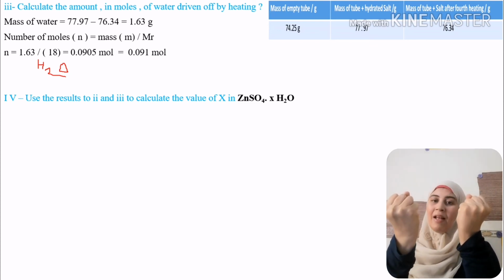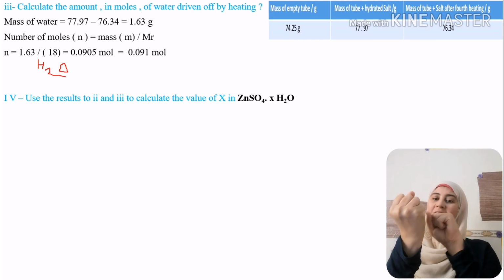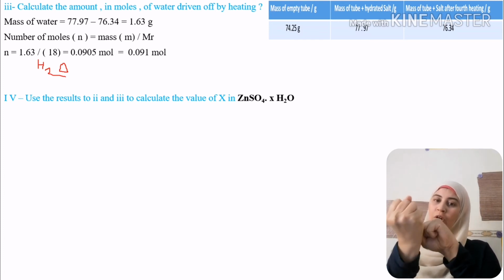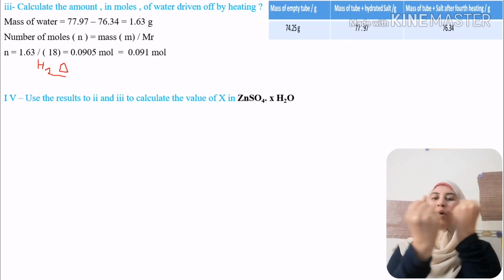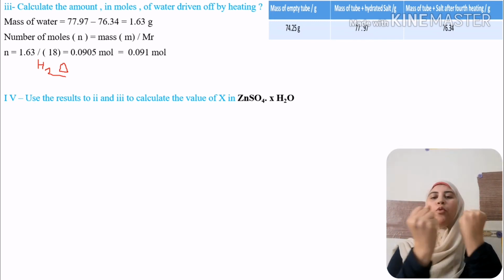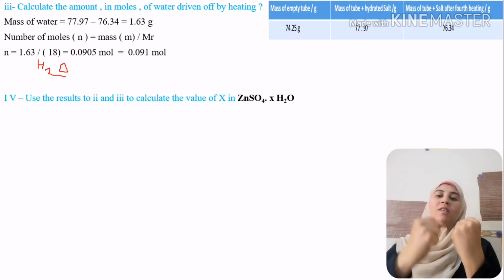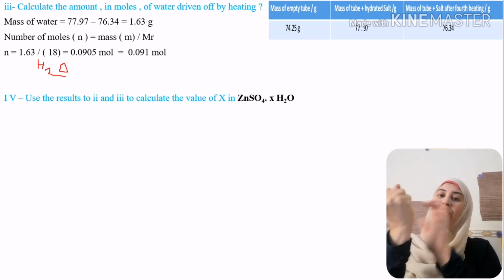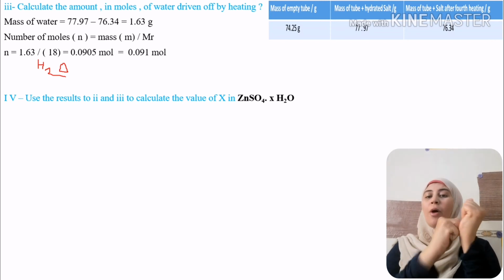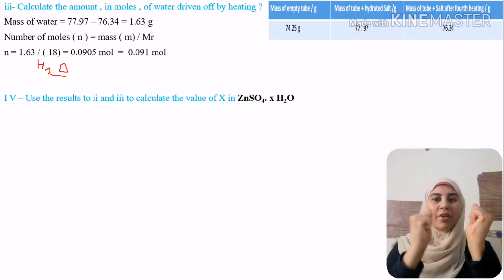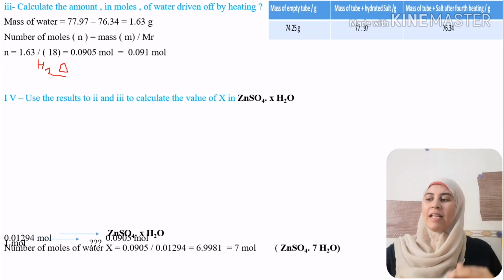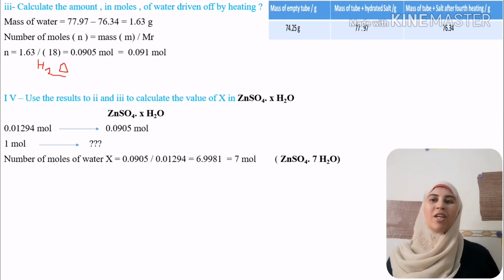For example, I can say that each one mole of zinc sulfate is attached to X moles of water. So, from the given information, let's have the following: we have zinc sulfate, ZnSO4·XH2O.